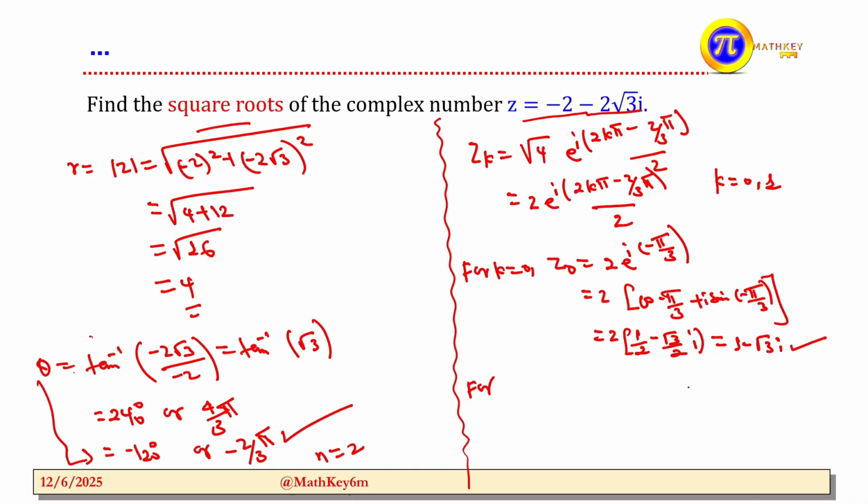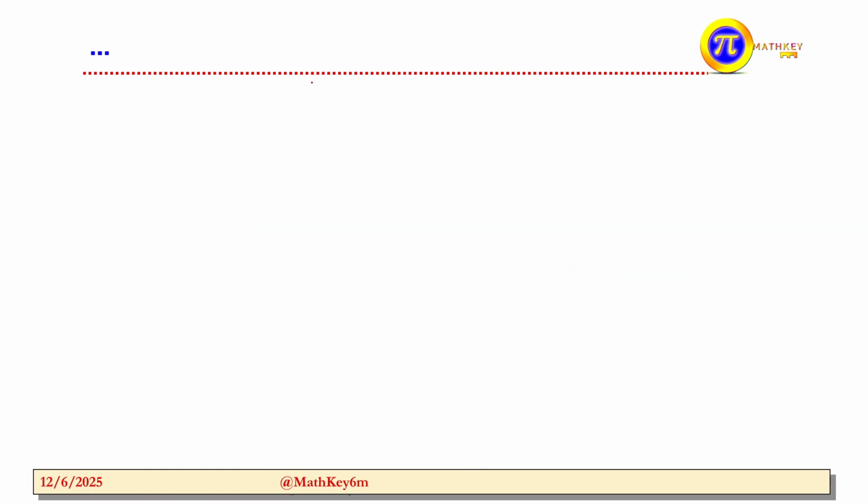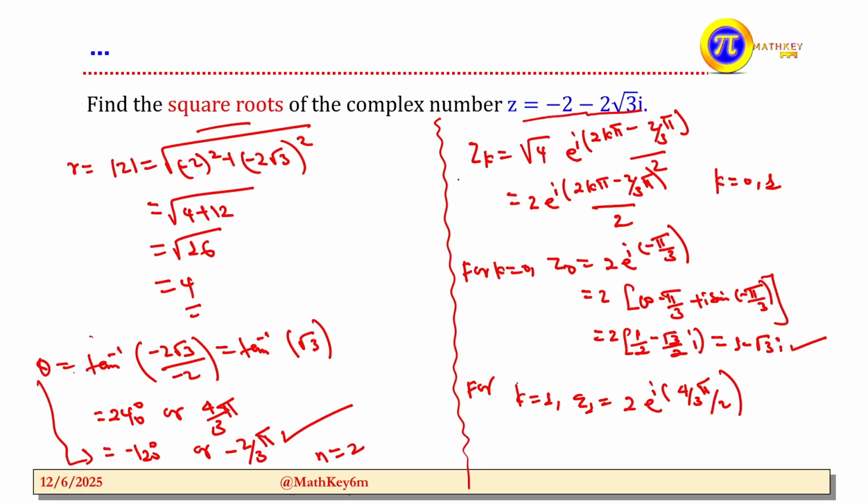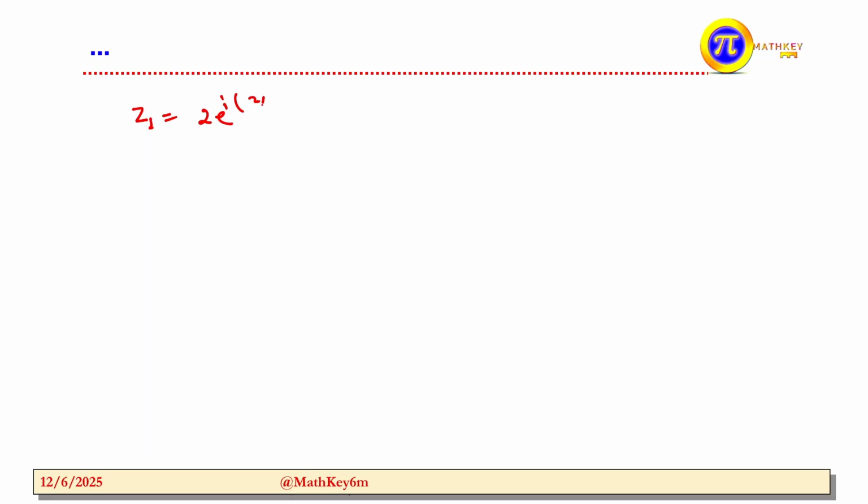The other one, for k equal to 1: z1 is equal to 2 e to the power of i times 2 pi minus 2 over 3 pi, that means 6 pi minus 2 pi, that is 4 over 3 pi, over 2. So z1 is equal to 2 e to the power of i times 2 over 3 pi, after canceling 2 by 2, which equals 2 into cos of 2 over 3 pi plus i sine of 2 over 3 pi.